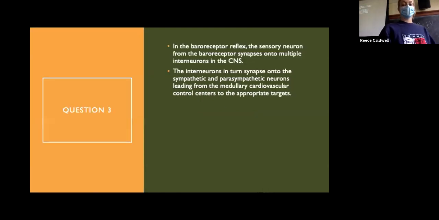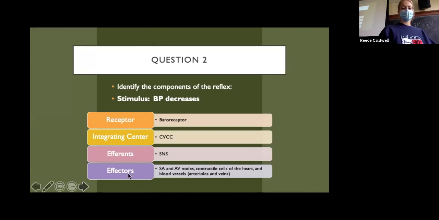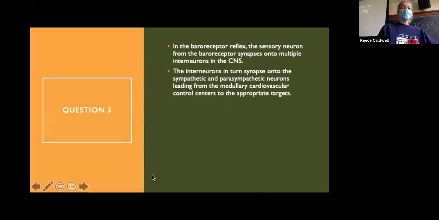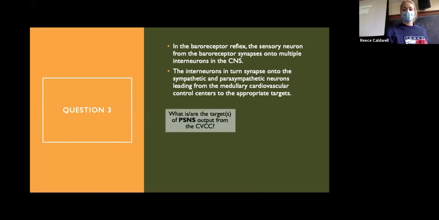So the next one is kind of looking at the effectors that we just looked at previously. Question 3 is talking about, again, the baroreceptor reflex and the synapses on the interneurons in the central nervous system. So what we see is that the interneurons will synapse onto the sympathetic and parasympathetic neurons, leading to that cardiovascular control center response.